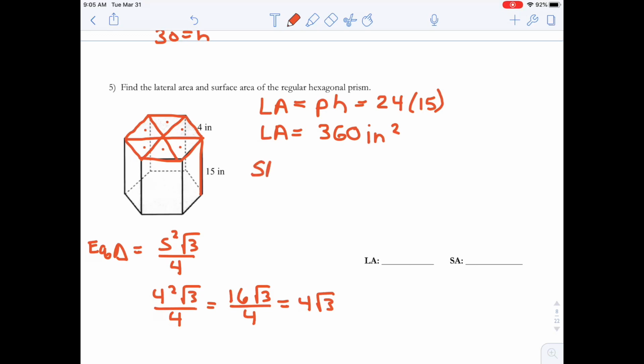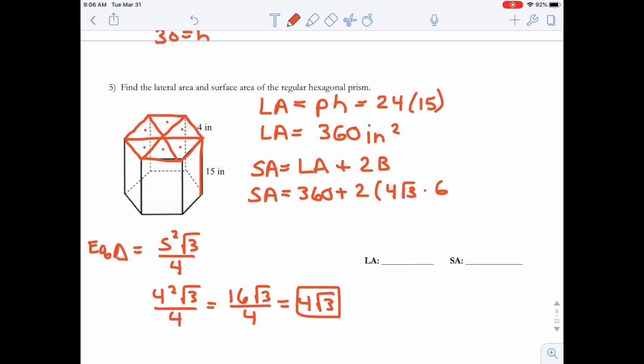Let's talk about our surface area. It will be our lateral area plus 2 times the base. Well, surface area then would equal 360 plus 2 times our base, which would be, again, 4 root 3 times 6, because I got to take into account the 6 of these little triangles, because this is only one little one, and I have 6 of those.